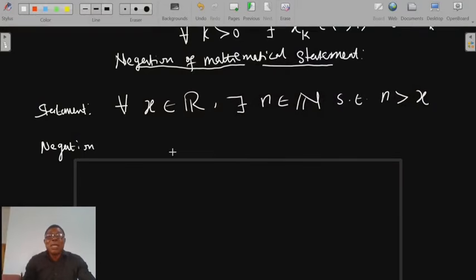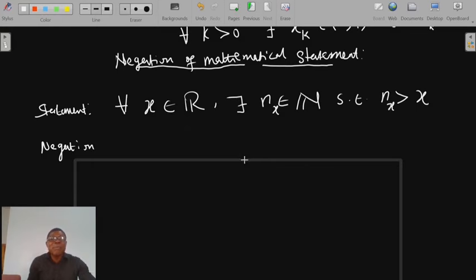Remember our earlier discussion: whenever a universal quantifier comes before an existential quantifier, whatever follows the existential quantifier must depend on what follows the universal quantifier. For that reason, it's better we put this statement in the right perspective by putting n sub x here, meaning that n depends on x.